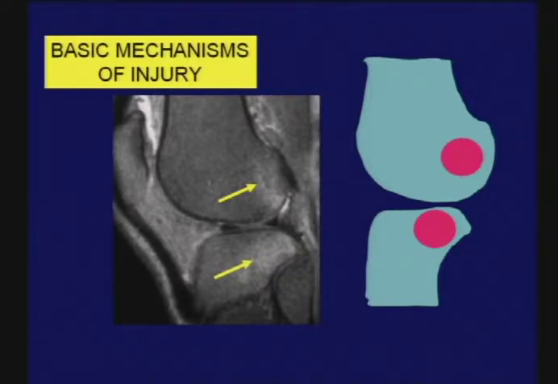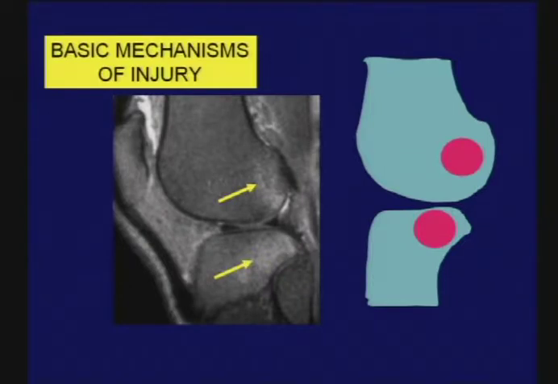This is the classic pattern of injury that occurs in a skier, and I'll talk more about this in my final talk, when you have flexion and valgus injury, allowing collision of these two portions. This is associated with tearing of the anterior cruciate ligament, mainly related to the activity of the quadriceps mechanism, as I will explain.